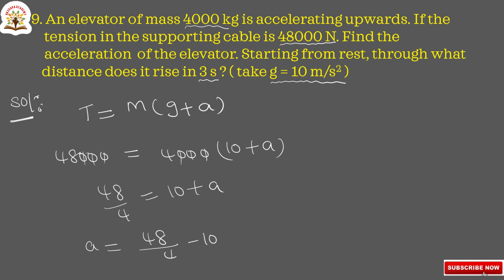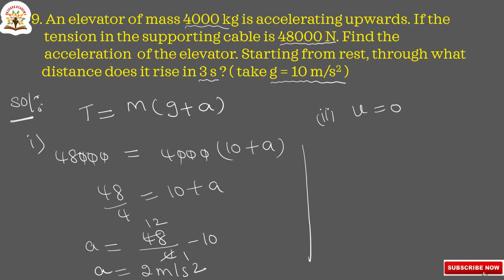Now taking LCM, 48 minus 40, that is 12 minus 10, 2 meters per second square. We are getting acceleration a is equal to 2 meters per second square, and starting from rest means u is equal to 0. This is the first one we calculated.